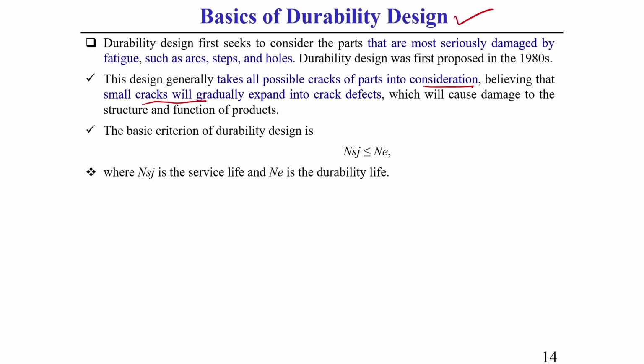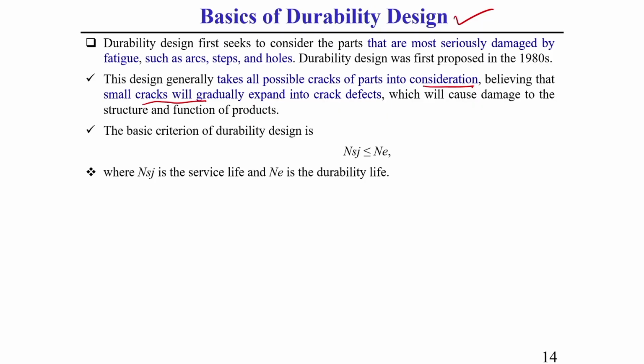So here, in the previous categories I have told you that the critical crack size we first need to consider, and that should not expand. But in this case, whatever the crack size we consider, even a small crack, it gradually expands and converts to crack defects.